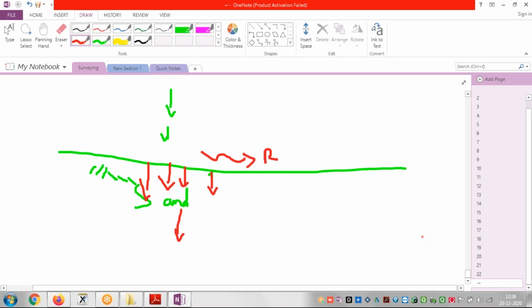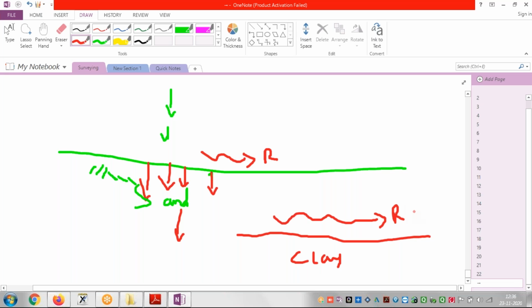But if it is another type of soil, say clay soil, runoff will be very high, and infiltration will be very less, right? Is it okay to you?